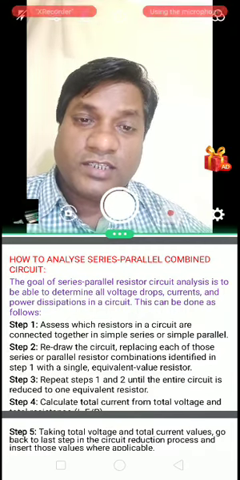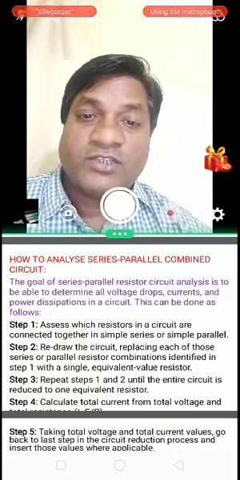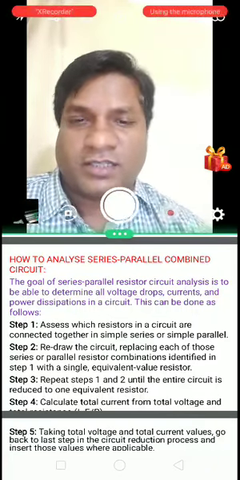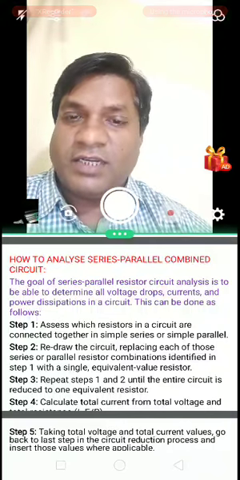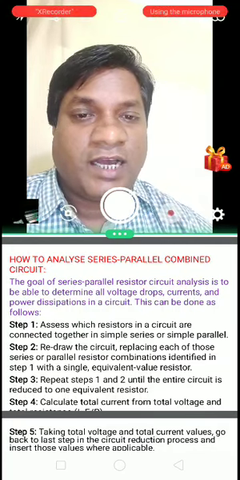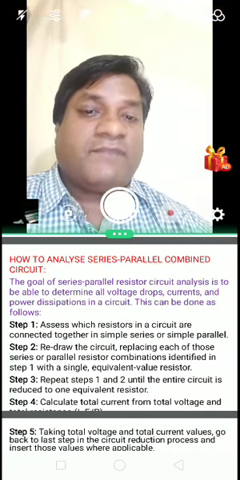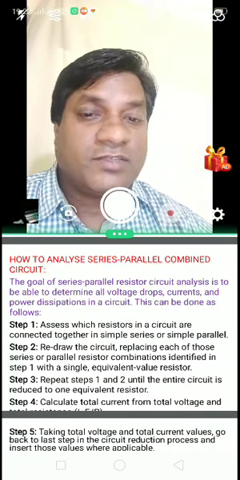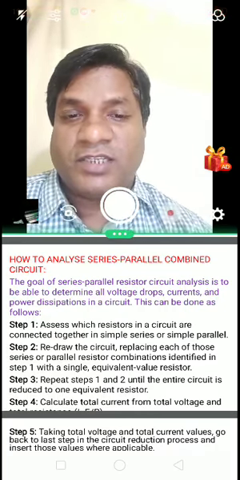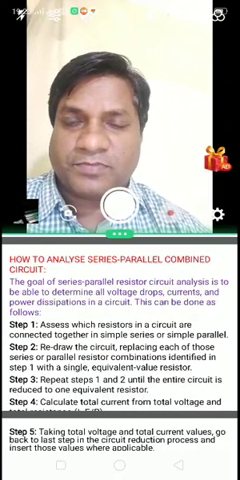Assess which resistors in the circuit are connected together in simple series or simple parallel. As in the previous figure, R1 and R2 were connected in series. Similarly, R4 and R5 were connected in parallel, that means the 6 ohm and 3 ohm were connected in parallel. So they are in simple series and simple parallel connection.